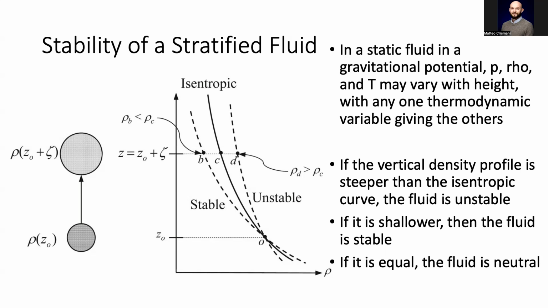My question is, where do you see, either in your daily life or in nature, a situation where there's a static fluid and rho, which is the density, P and T might be vertically stratified.